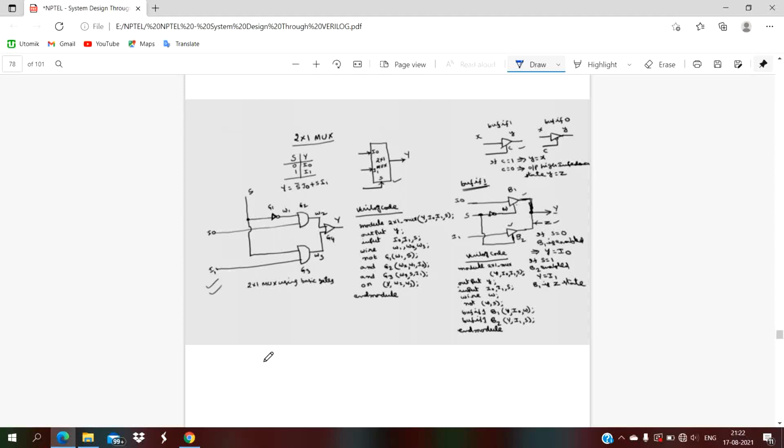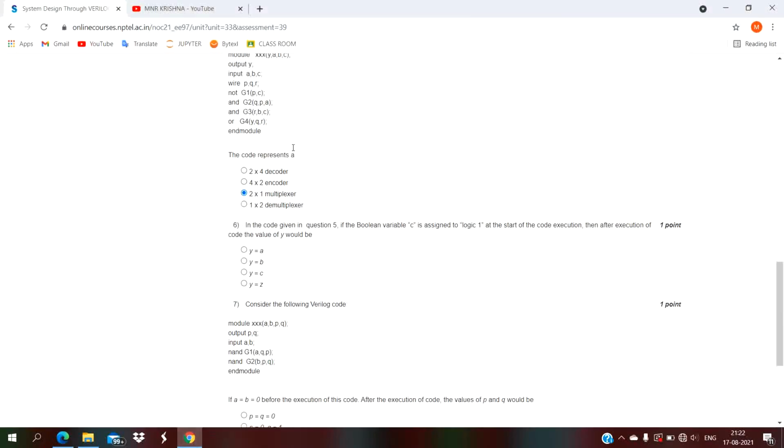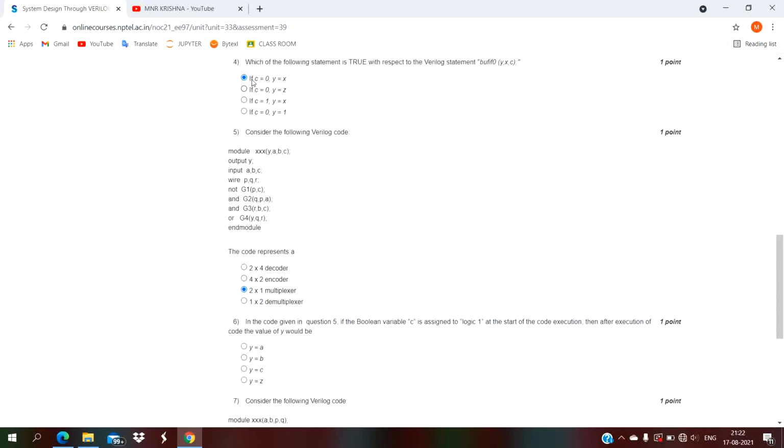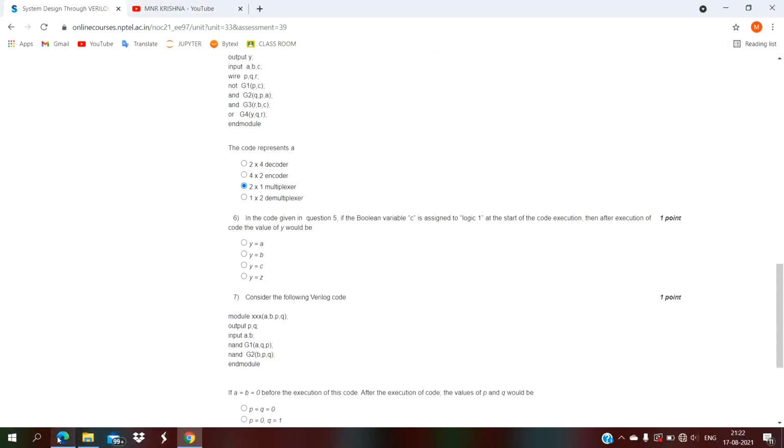Actually, in the 6th question, the 5th coding, Y is the output, A, B are the inputs, C is the control signal.